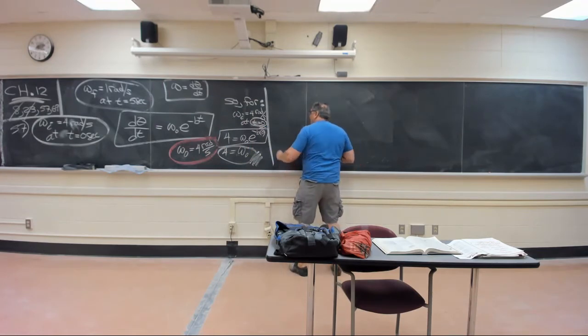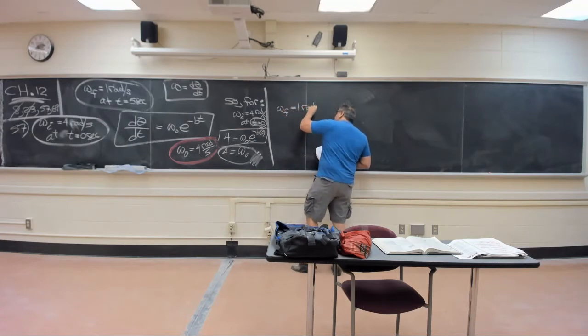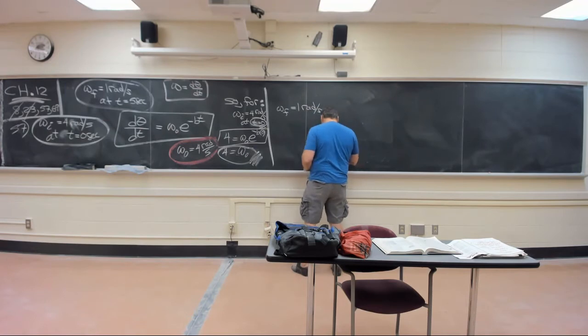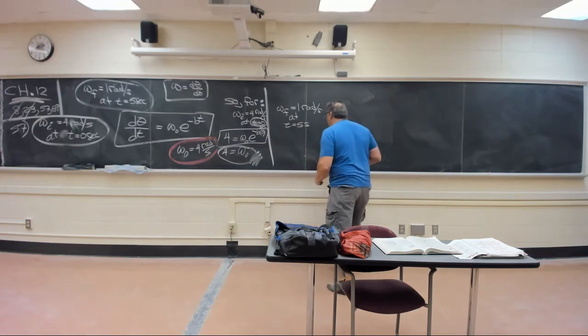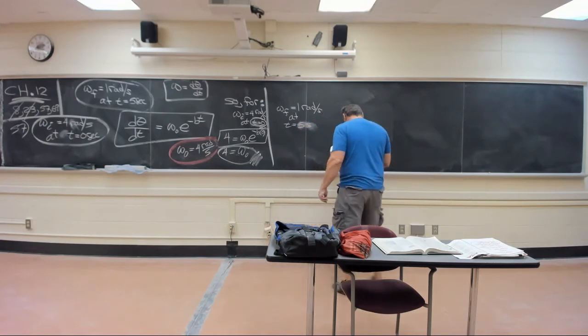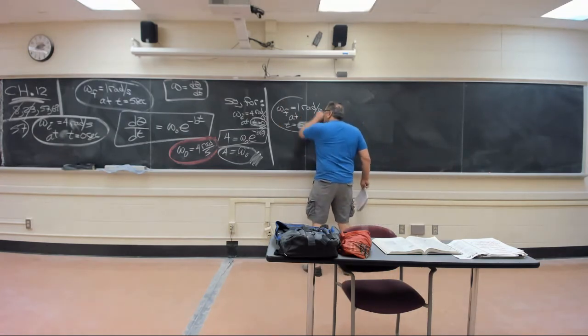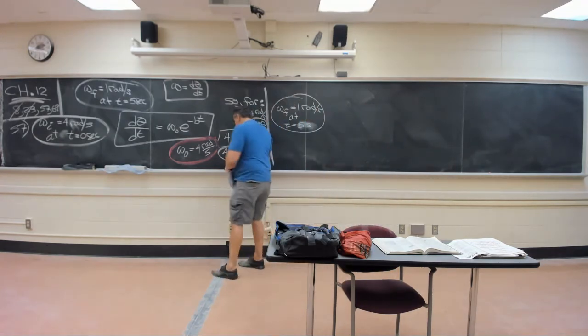Let's go the other way. Let's see what we can see. Is omega sub f 1 radian per second at t equals 5 seconds? Okay, go back to the grandfather equation, guys.